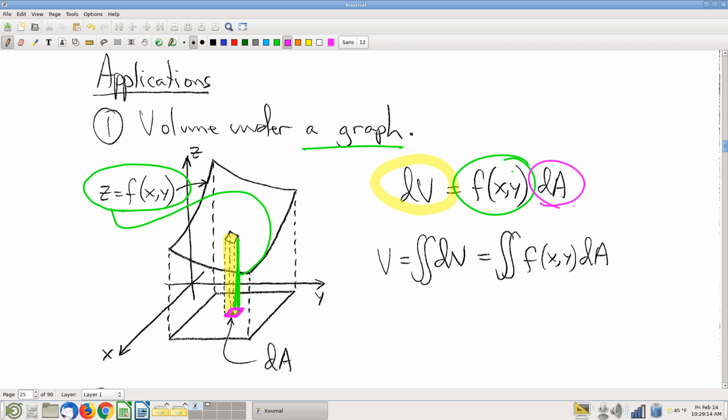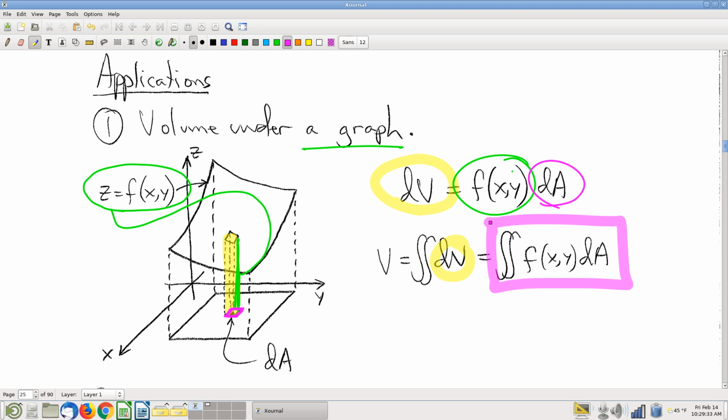Right, easy pitch. Right, and then, of course, what I want to do is I want to add up all these little pieces of volume, and here you go then. So we have an integral that represents that total volume.